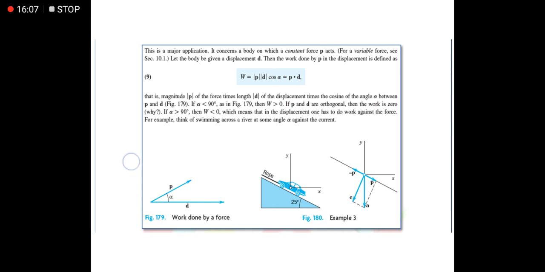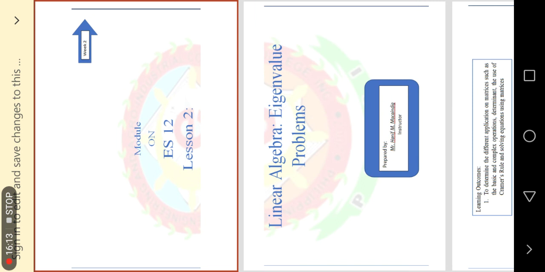Please read the continuation of this. It is a discussion about the dot product in relation to work.